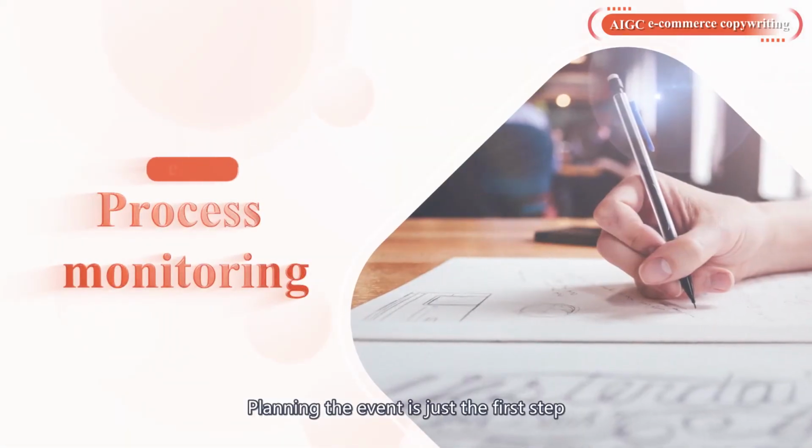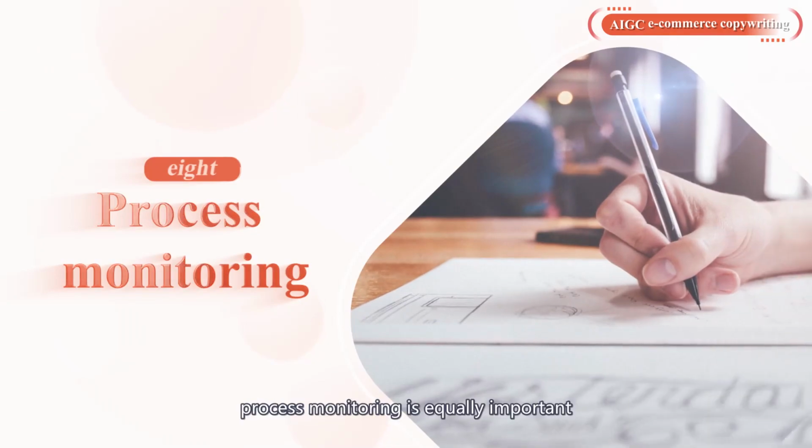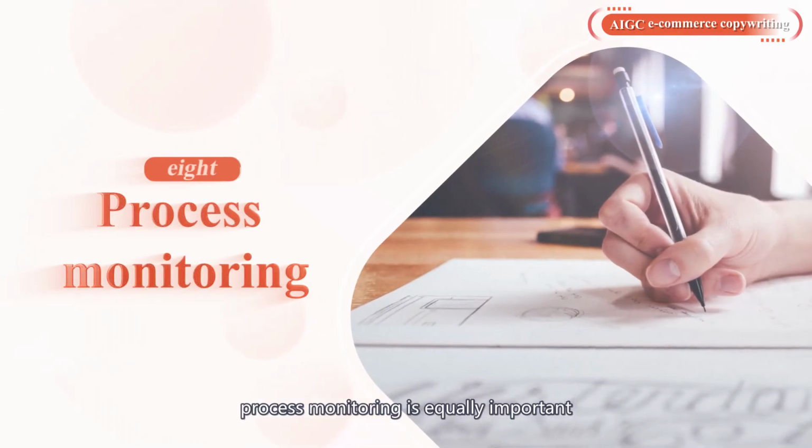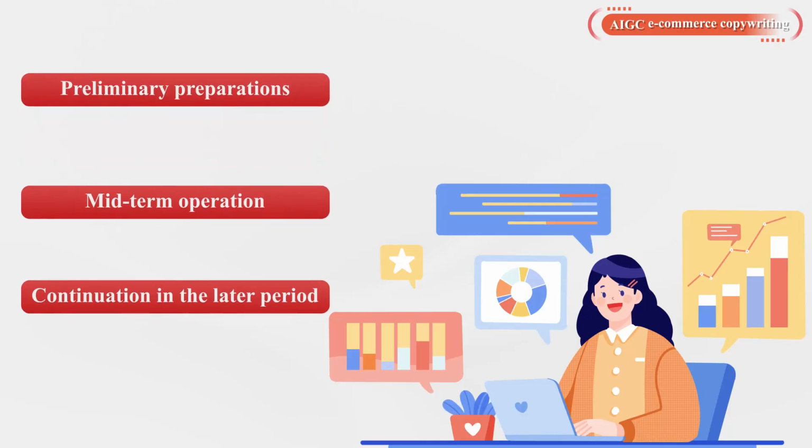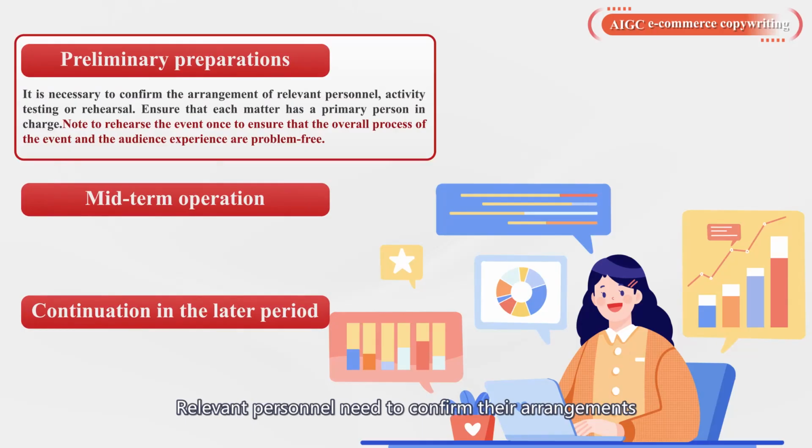Planning the event is just the first step. Process monitoring is equally important. Process monitoring mainly includes three aspects: preliminary preparation, midterm operation, and later continuation. Relevant personnel need to confirm their arrangements, activity testing, or rehearsals in the early stage.